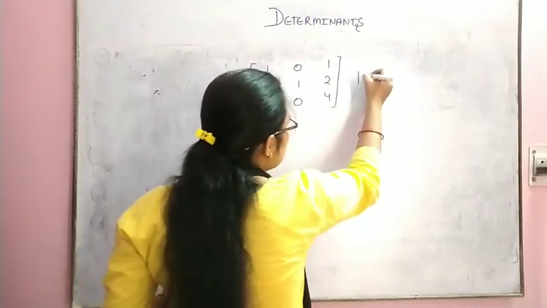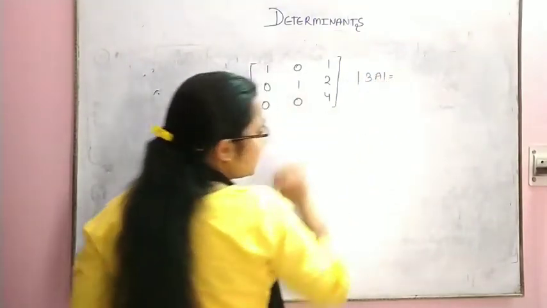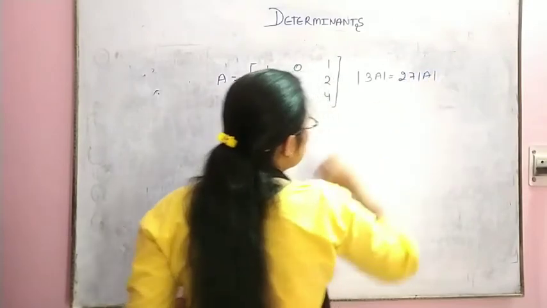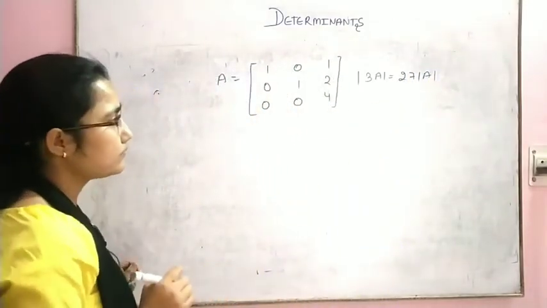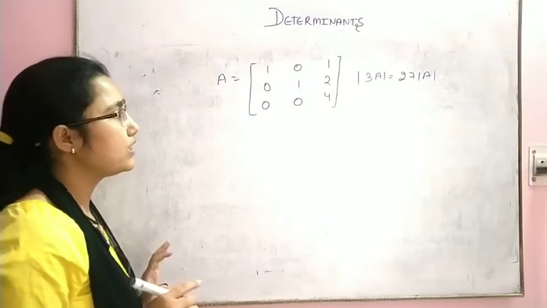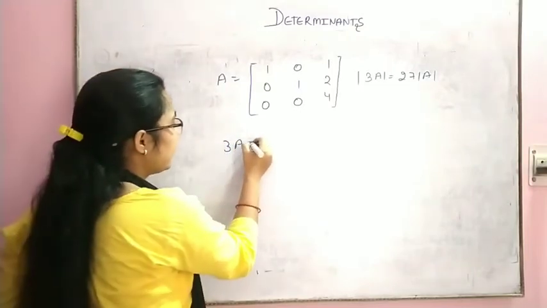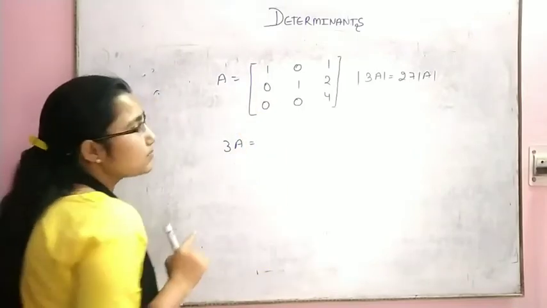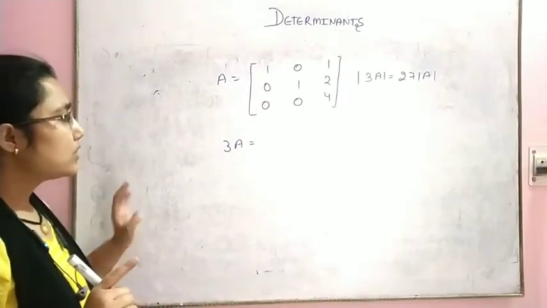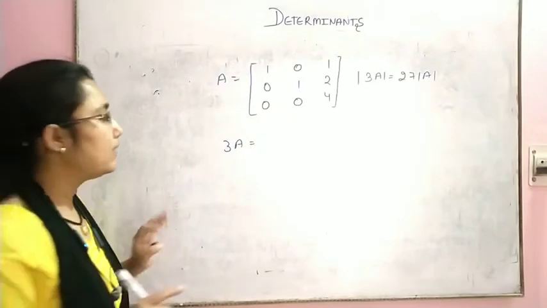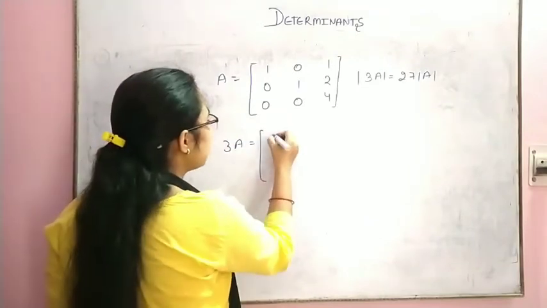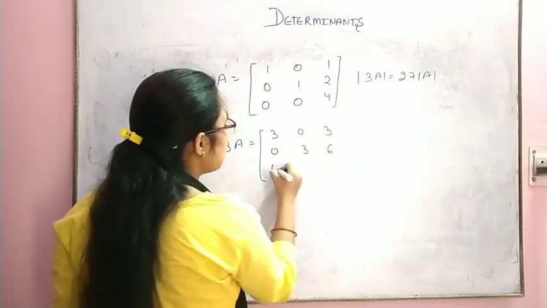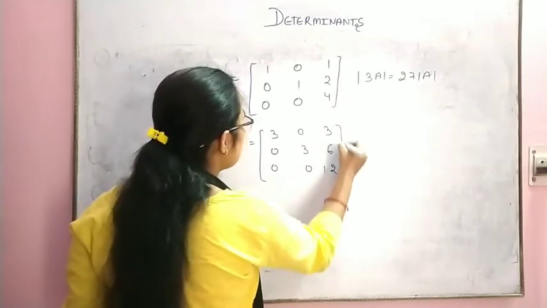We have to show that determinant of 3A is equal to 27 multiplied by determinant A. Firstly, we have to find out 3A. That means 3 into matrix A. So if any matrix is multiplied by any scalar, the scalar is multiplied by every element. So we get 3, 0, 3, 0, 3, 6, 0, 0 and 12.